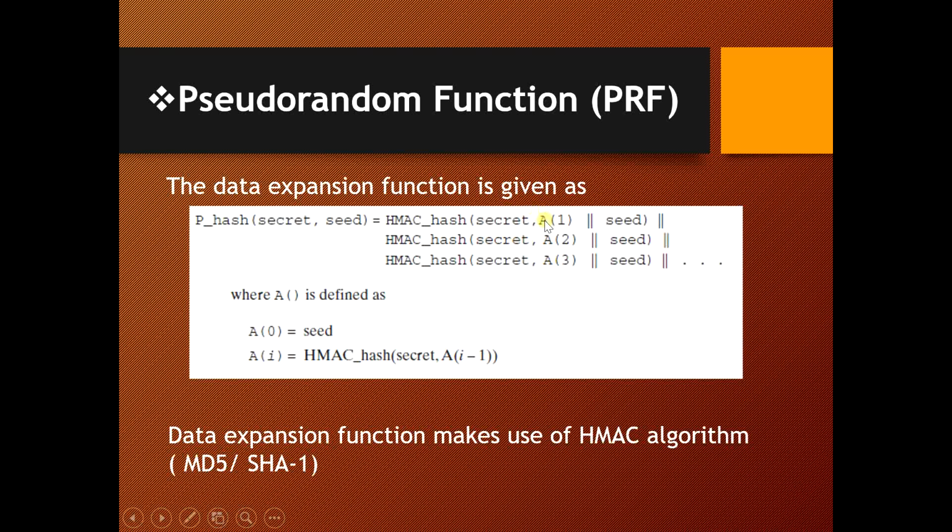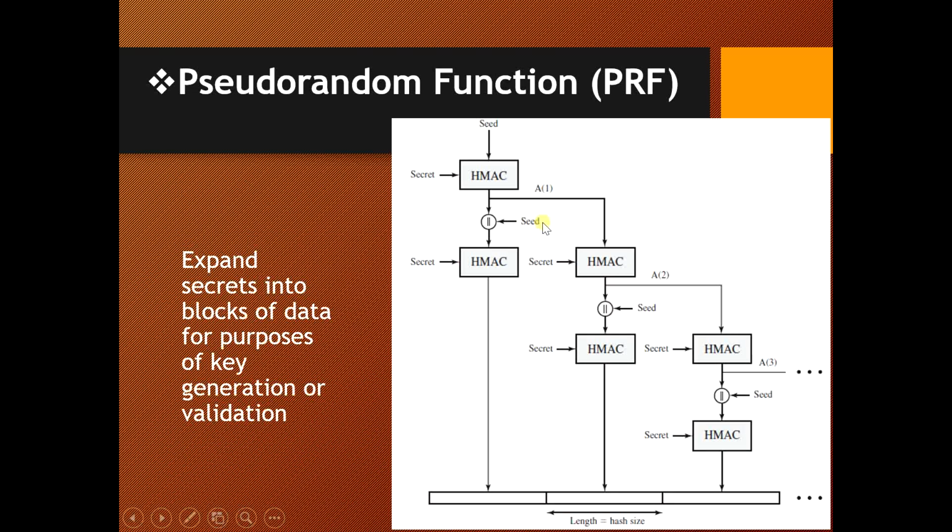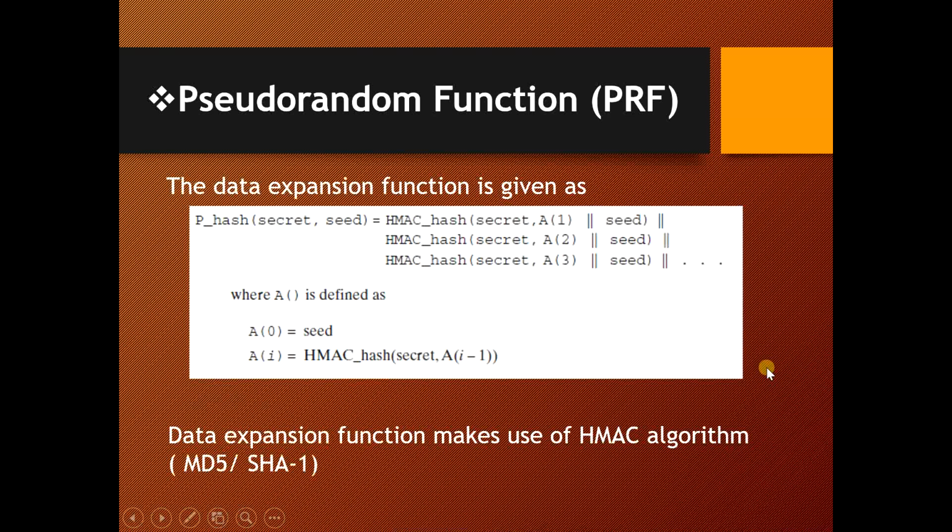A(1) is the one which is generated from the first section. If you see the block diagram, this is generated from the first, this is generated from the second, and this is generated from the third section. All of these have to be concatenated with the seed. A(0) can be considered as the seed, and A(i) can be considered as HMAC_hash.